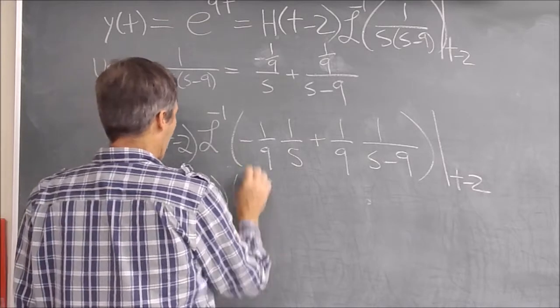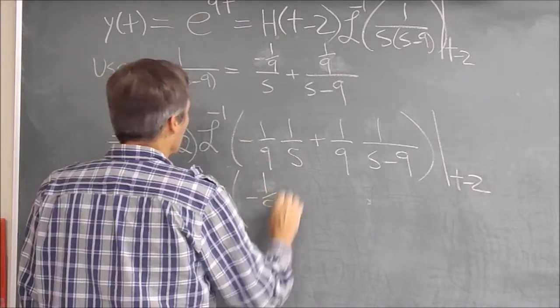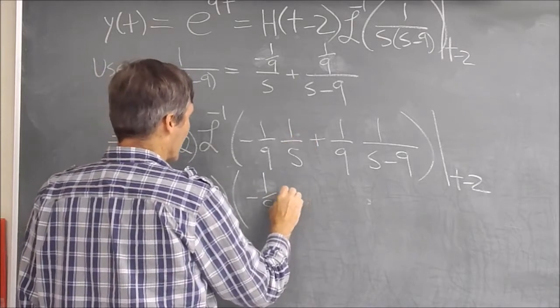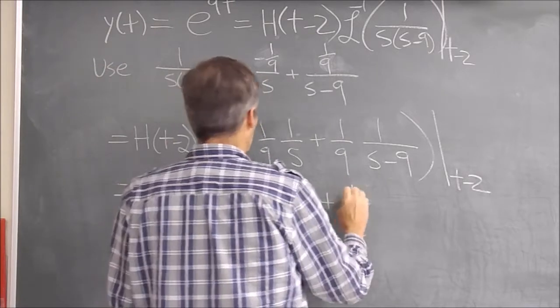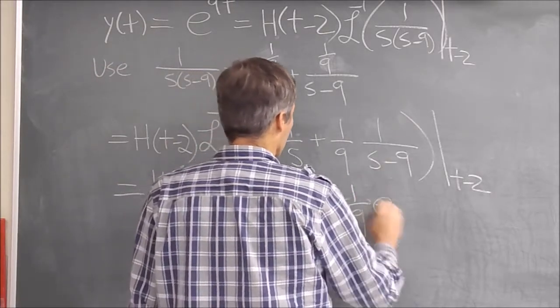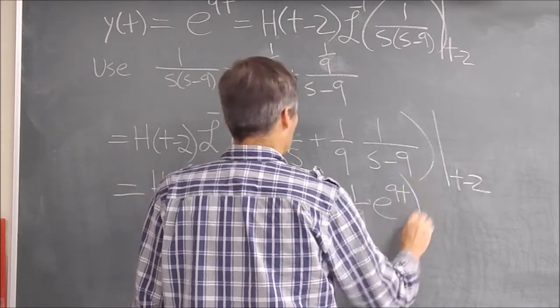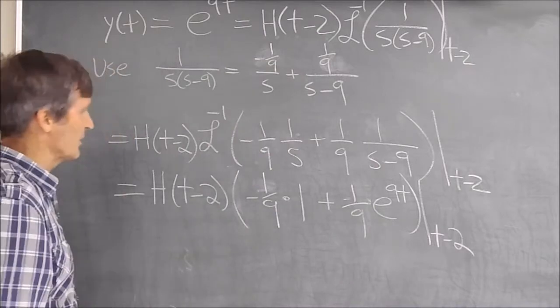The minus 1/9 comes out. The inverse transform of 1 over s is just 1. The 1/9 comes out. And the inverse transform of 1 over s minus 9 is e to the 9t. And then I just have to shift this part to t minus 2.